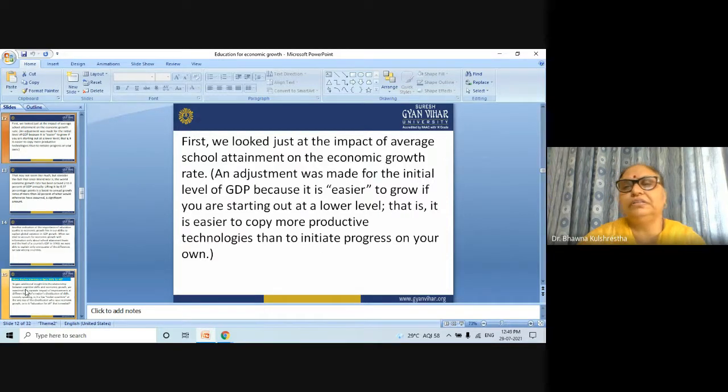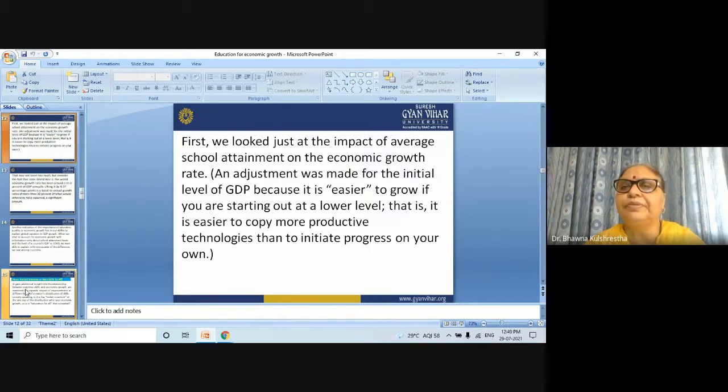When we performed this analysis, we found, as other economists before us, that when the average number of years of schooling in a country was higher, the economy grew at a higher annual rate over subsequent decades.